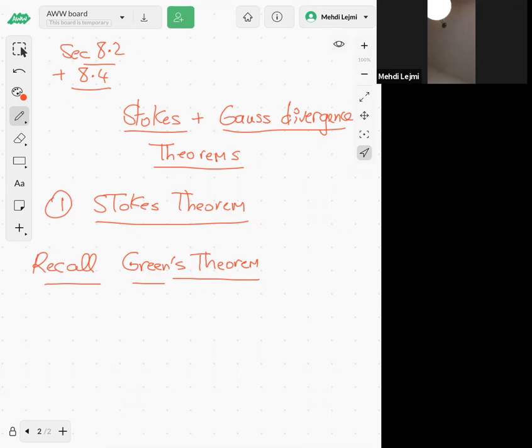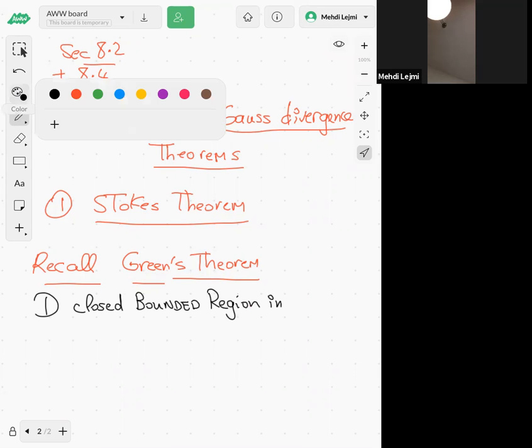Remember, we have some region or a surface in R2. So we have this D, a closed, bounded region in the plane, right? It's in R2, okay? And we had some conditions on the boundary.